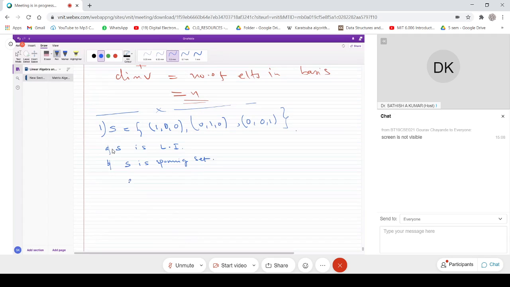It is a spanning set, because if you take a, b, c, that's what we had seen earlier. Suppose a, b, c is in R3, which is a vector space.